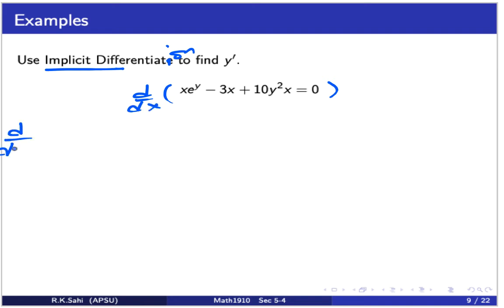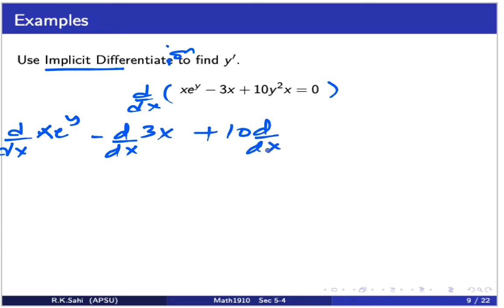You're going to have d/dx of x times e to the power y, minus d/dx of 3x plus 10 times d/dx of y squared x, and the differential of a 0 is a 0. So this is 0. The easy one, this is negative 3.